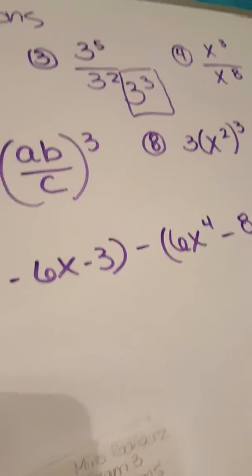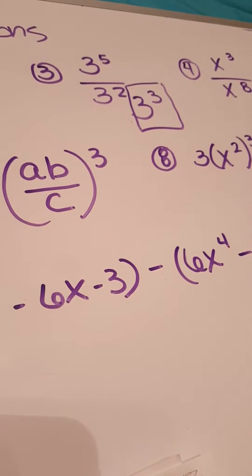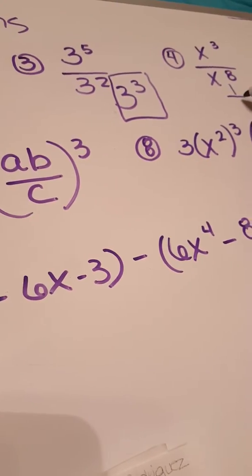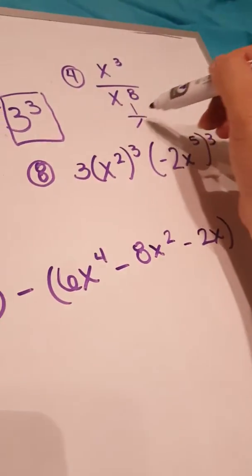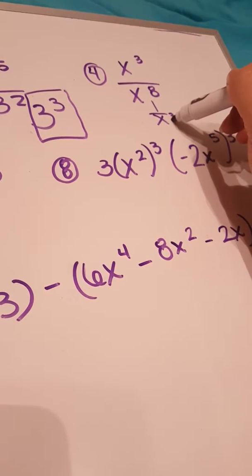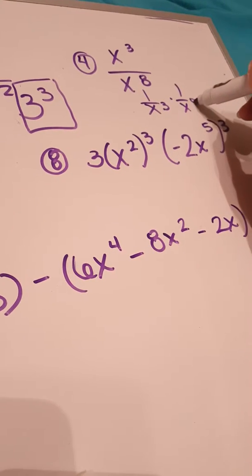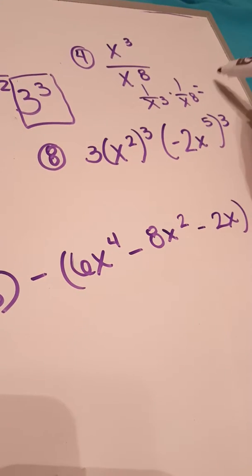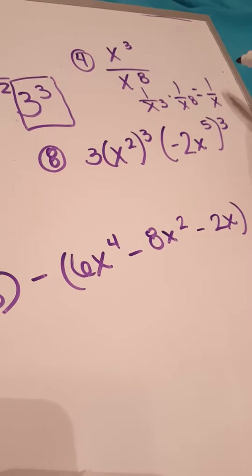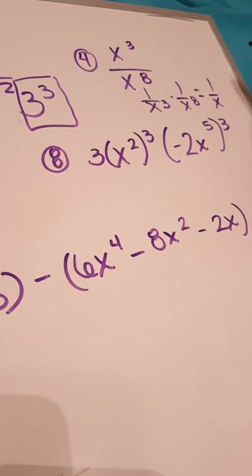Okay. And then this one basically is 1x. You can see that 1x to the third, bring that down, times 1x to the eighth, giving you 1x to the fifth.